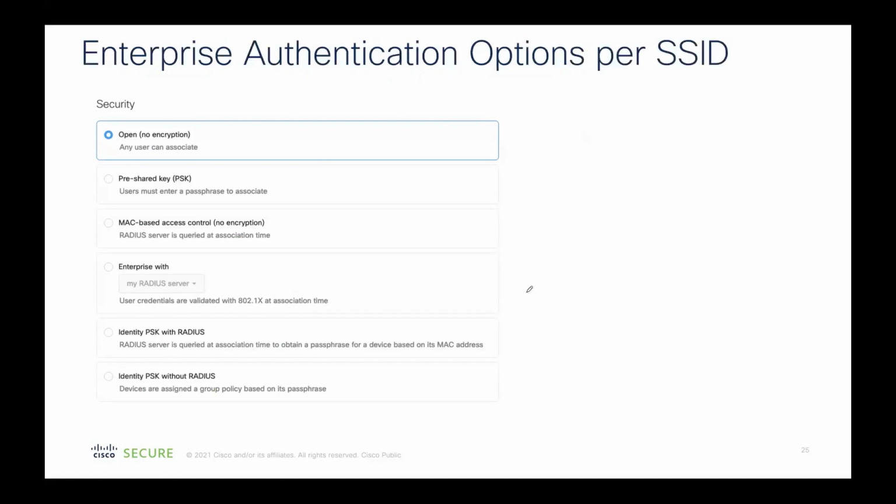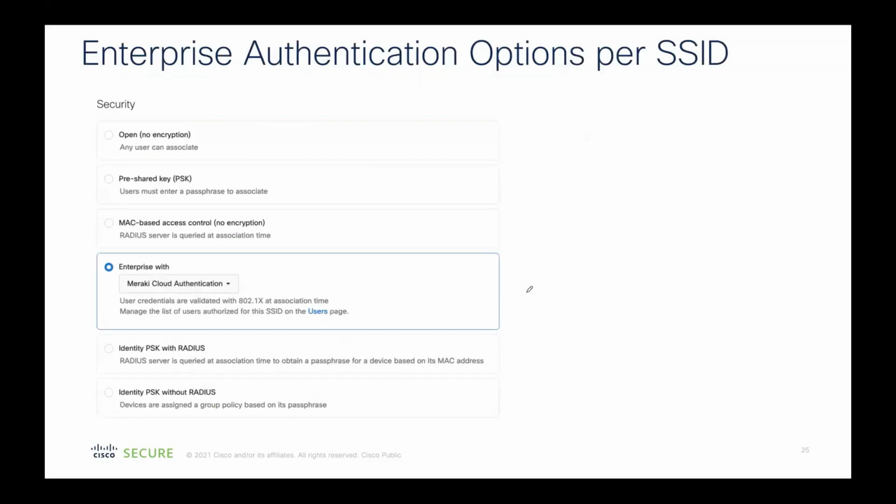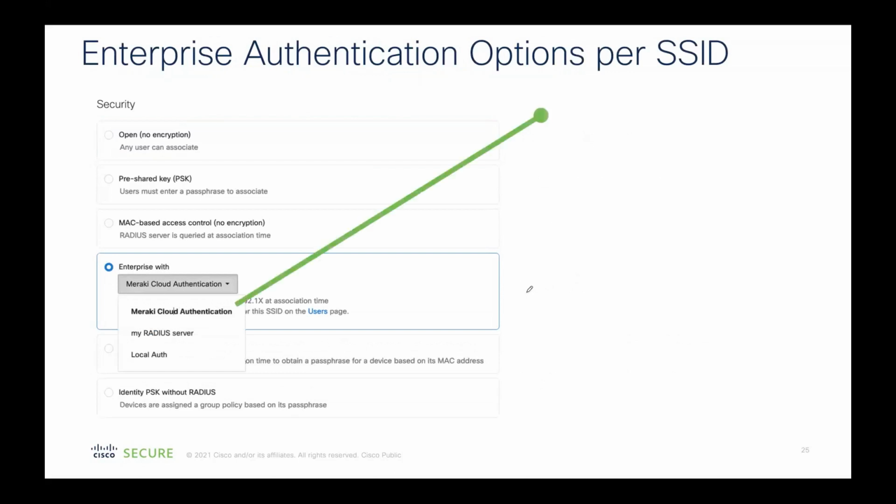So when we start to look at the enterprise authentication options, because that's really where ICE fits, right? The first thing is Meraki Cloud authentication. That has the ability to work with several different identity stores, and that basically will allow your users to connect to a sign-on page, or what they call the splash page.